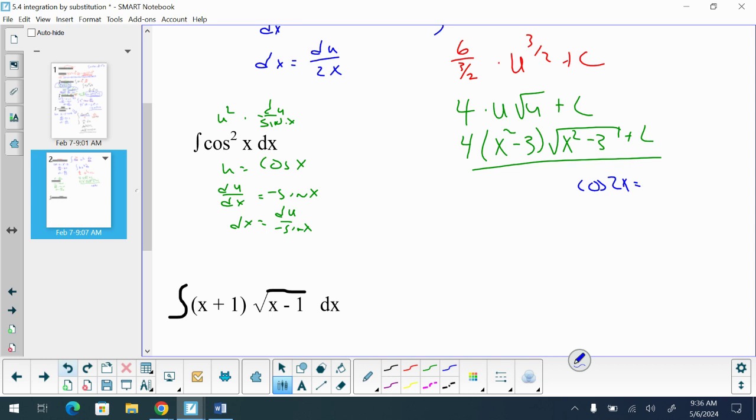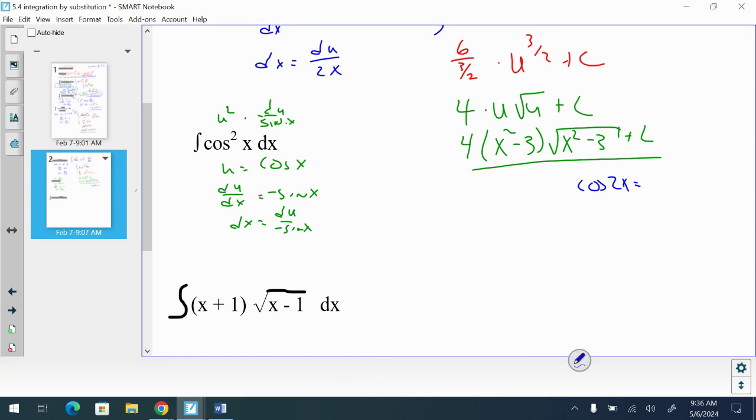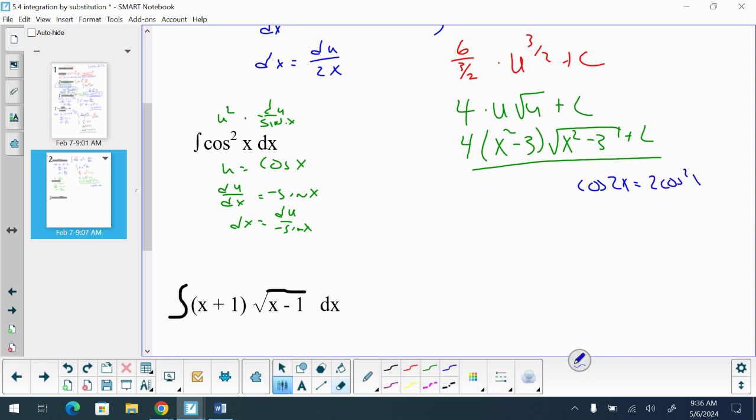The cosine of 2x is equal to... one of the formulas for the cosine of 2x is equal to 2 cosine squared x minus 1.